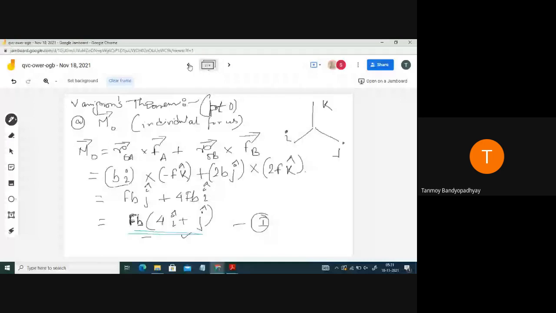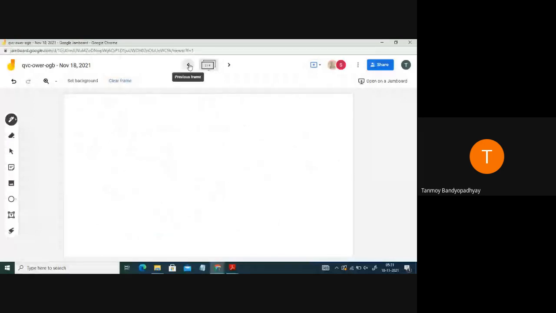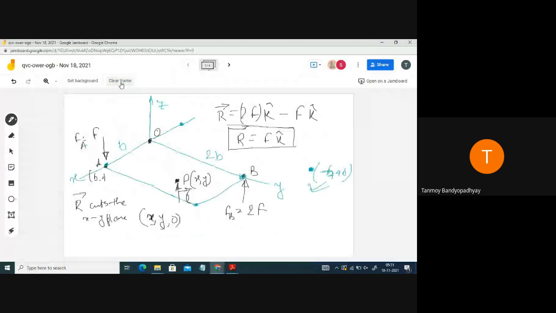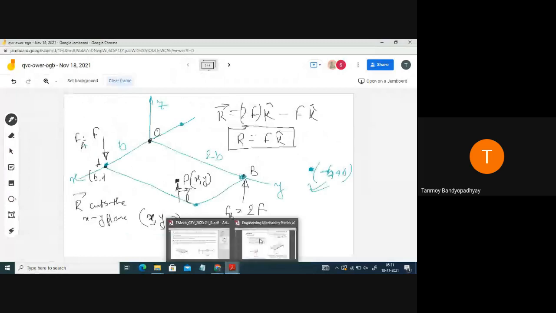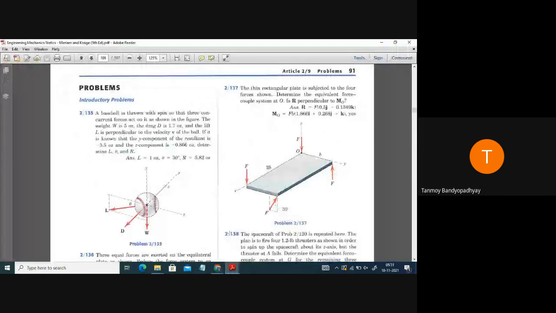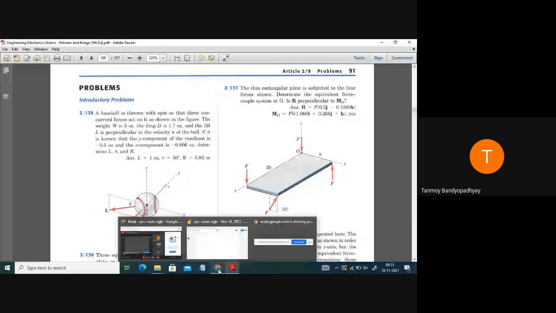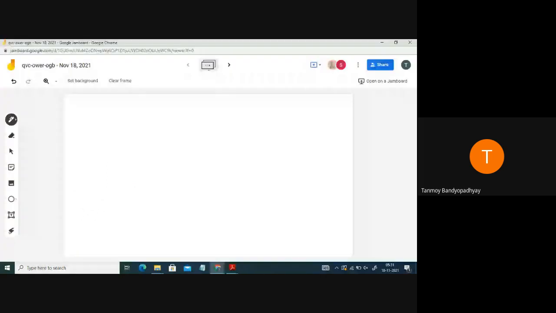137, could you do it? I'm just explaining it so that you can do it at your home. Just help me out with drawing the problem, nothing else. Let me see if I have drawn it somewhere.